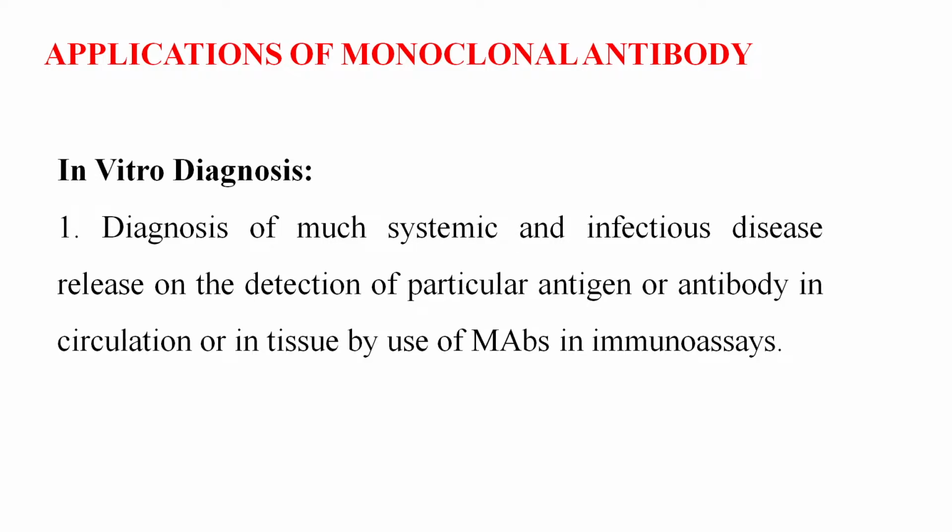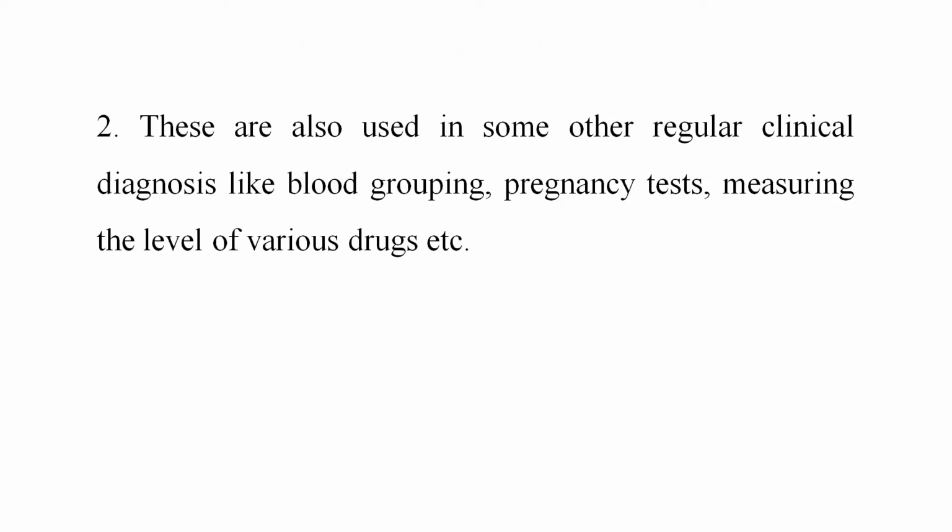Like what we have seen, ELISA, RIA, all these use monoclonal antibodies for detection. And regular screening, clinical diagnosis also, like blood grouping test, pregnancy test, or measuring the various levels of drug usage test, for all these detections we use monoclonal antibodies that are specific to the epitopes that are present on the target cells.